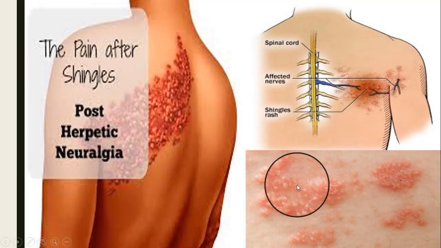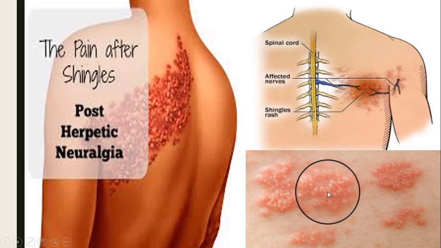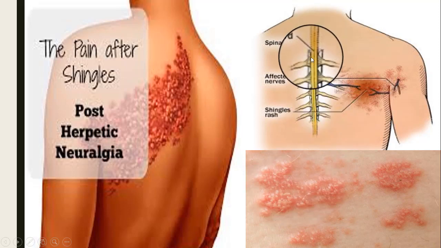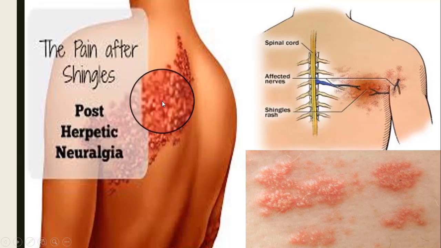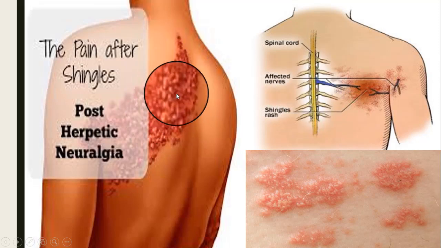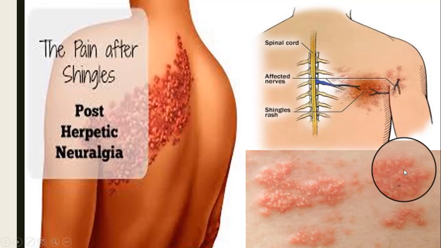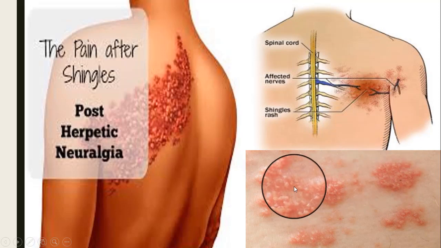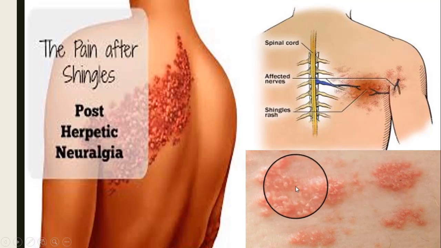So post-herpetic neuralgia is a painful condition that affects your nerve and your skin. It is a complication of herpes zoster virus, which is also called shingles. Shingles is a painful blistering skin rash which is caused by reactivation of the varicella zoster virus, which people usually get in childhood or adolescence as chickenpox.